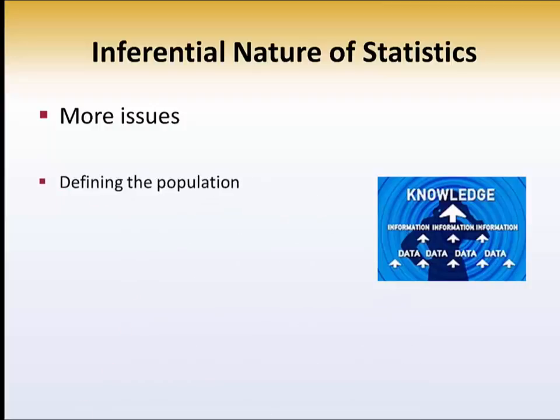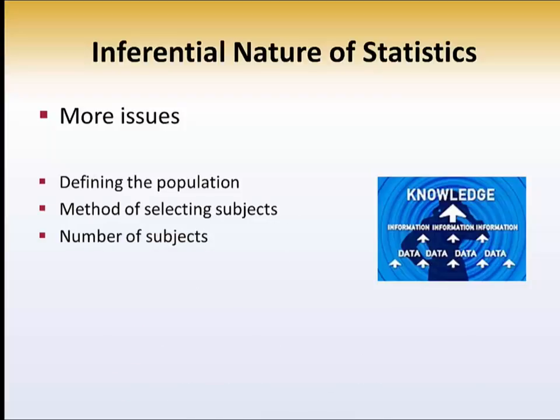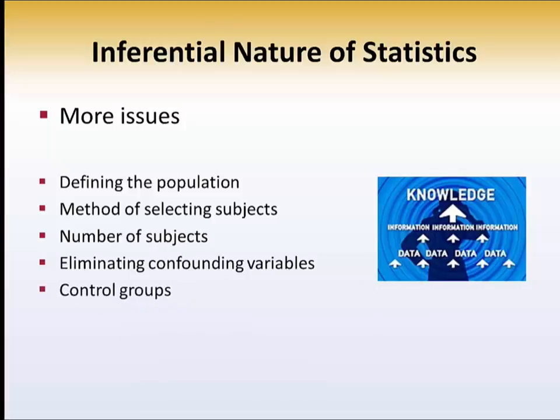For example, how do you define the population? How do you know if a subject belongs to the population or not? There are methods of selecting subjects, the number of subjects that you need to select. Can you eliminate confounding variables? Are you going to include a control group? And it goes on from here. Many things that we're going to have to learn about in order to conduct a research study.